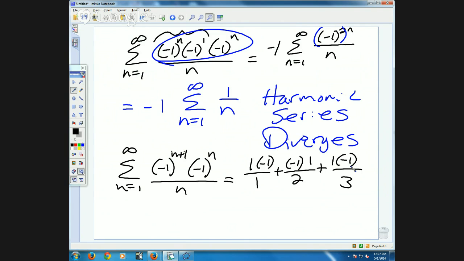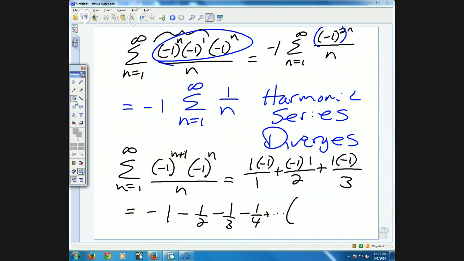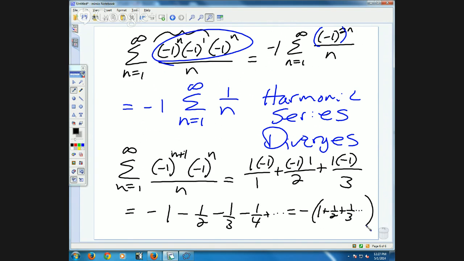I have a negative in front always: negative 1 minus 1/2 minus 1/3 minus 1/4 is going to be next, dot, dot, dot. So this equals the opposite of the harmonic series, 1 plus 1/2 plus 1/3, dot, dot, dot, which is what we saw algebraically up top.